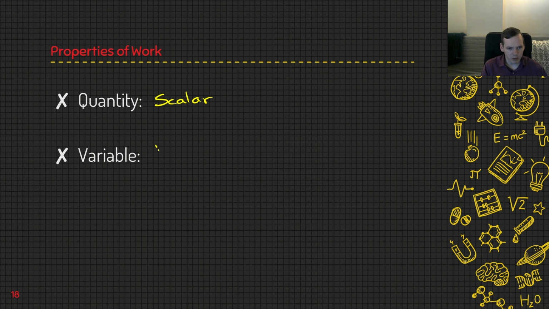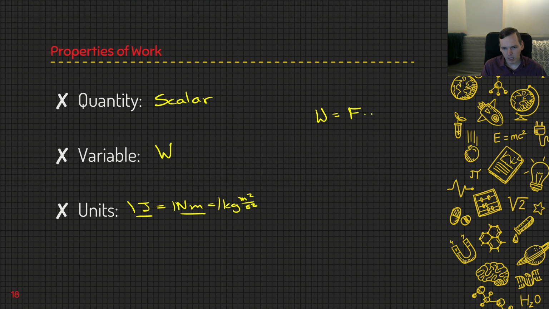The variable that we use for work, like I said, is W, and the units, like with energy, are joules: 1 joule, which is also equal to 1 Newton meter, which is also equal to 1 kilogram meter squared per second squared. If you were wondering, this is how we know that 1 joule is equal to 1 Newton meter. If you look at the definition for work, work equals force times distance is sometimes how you see it.